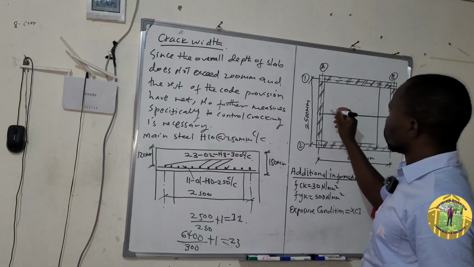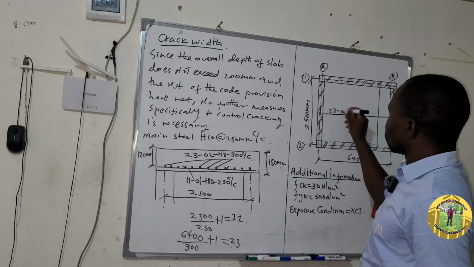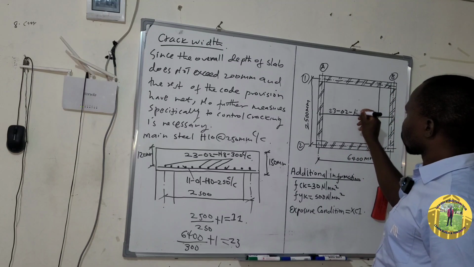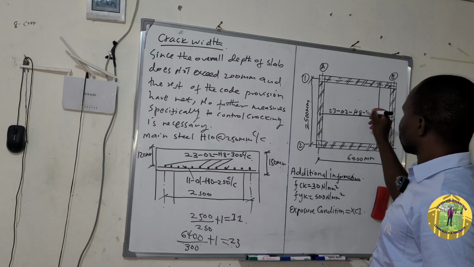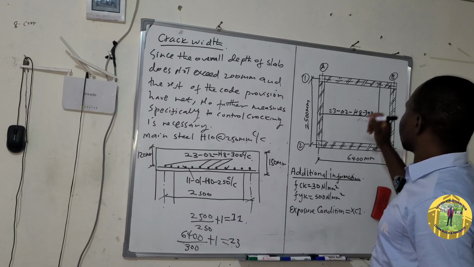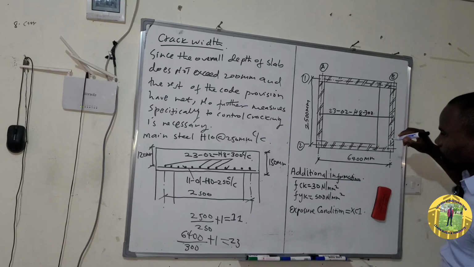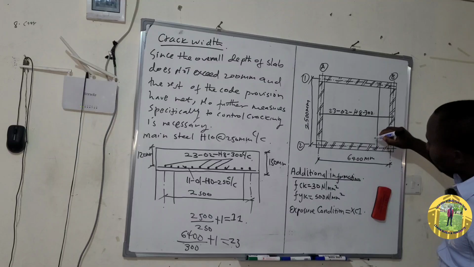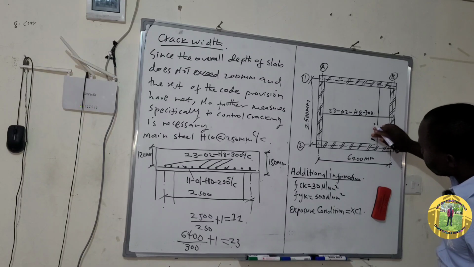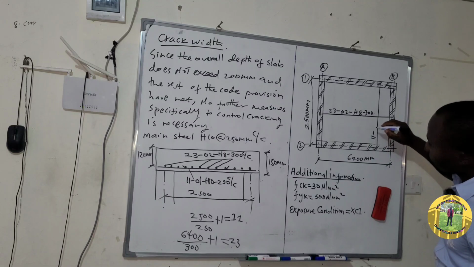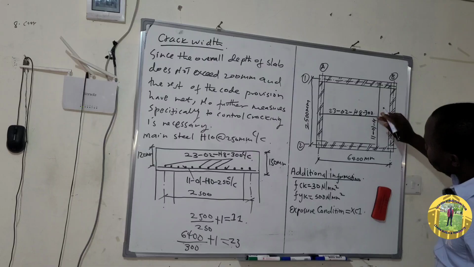So this one is 2302 H8 300 center to center, and this one is 11, 01, H10.